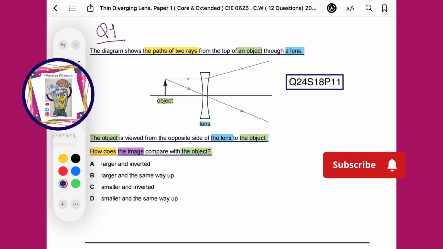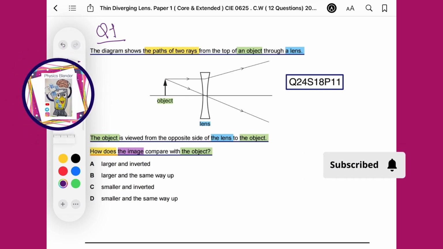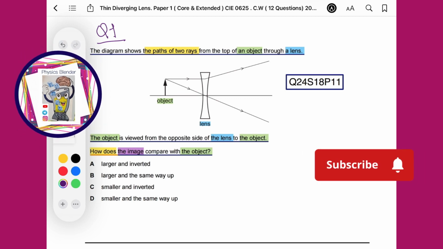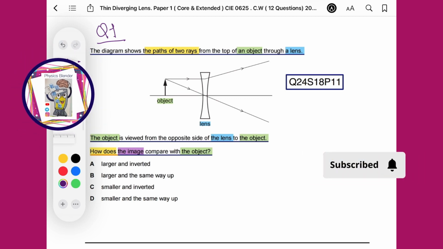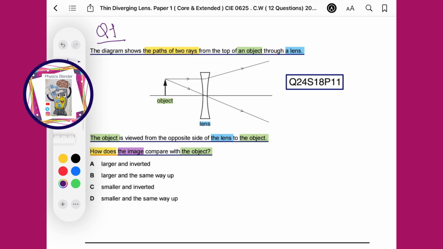How do you know? It's thinner in the center than at the edge. The object is viewed from the opposite side of the lens. How does the image compare with the object? So you can draw the rays, so you can find the location.